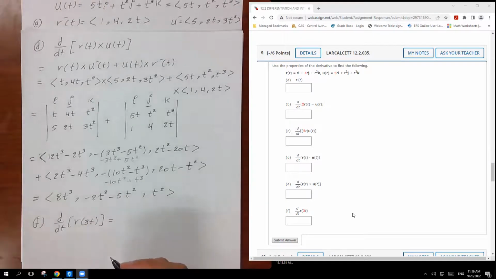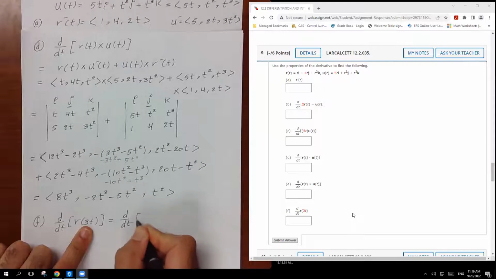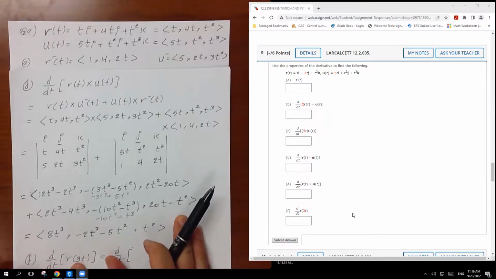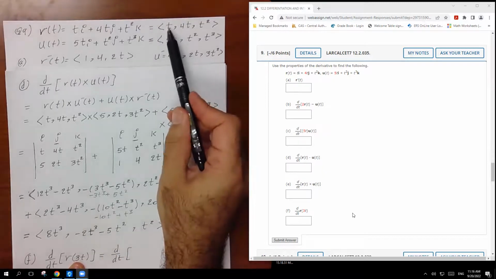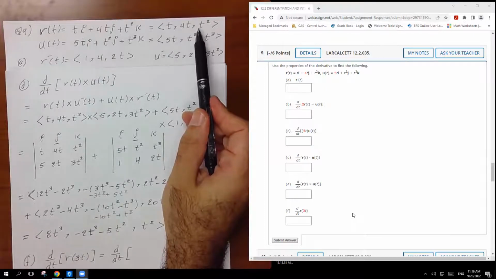It just means that instead of each t, you're going to plug in 3t. So R of t, let's go down a little bit. This is R of t. I'm going to plug in a 3t here, 3t here, and 3t instead of t squared. So that's the difference on this one.